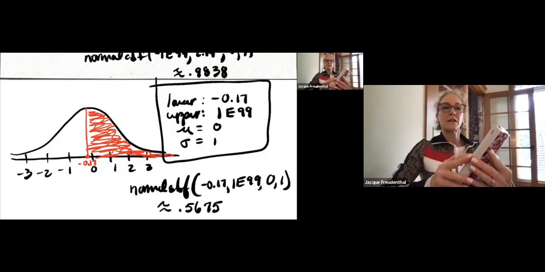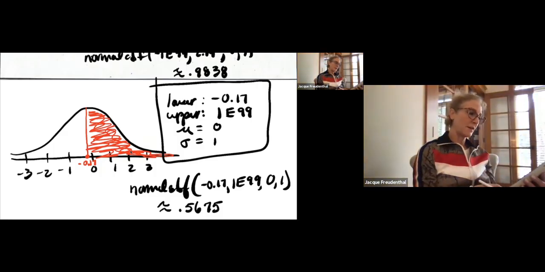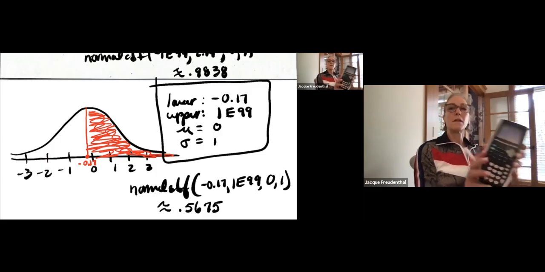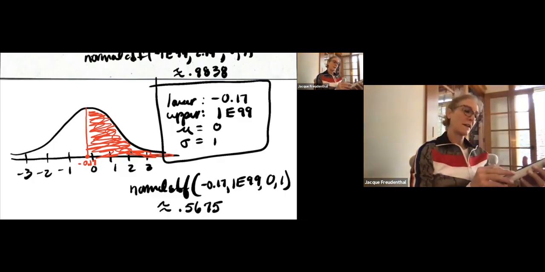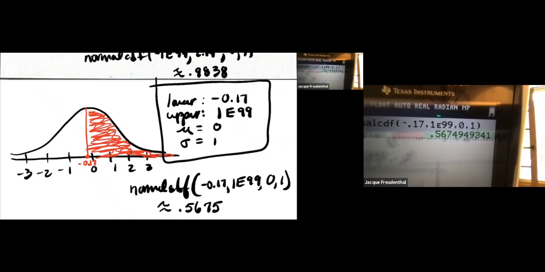Okay, so let me show you what I have. Yep, that's what I have. Then you press enter and it comes on your screen. Let me clear this out and do it again. Now on your screen you have that. Press enter again. Yeah, that's not the same number I get.